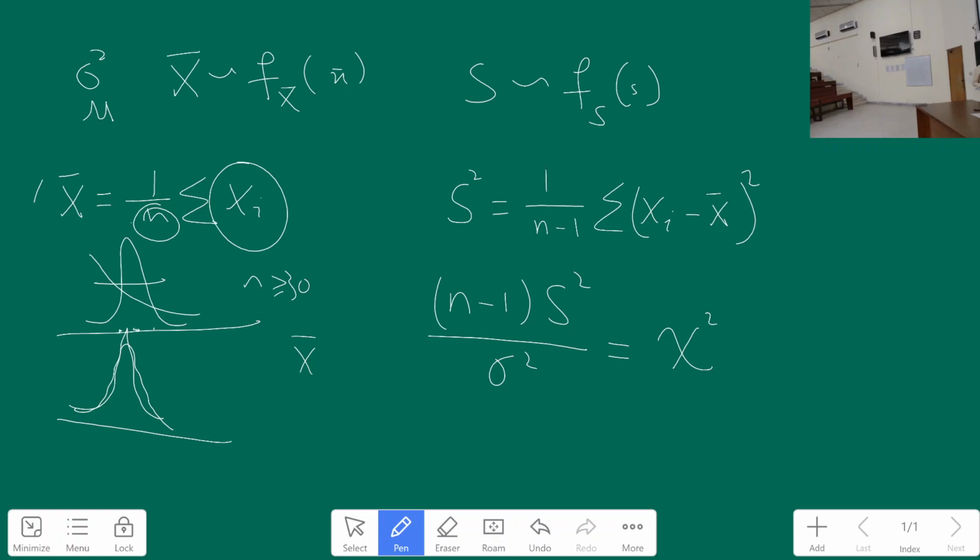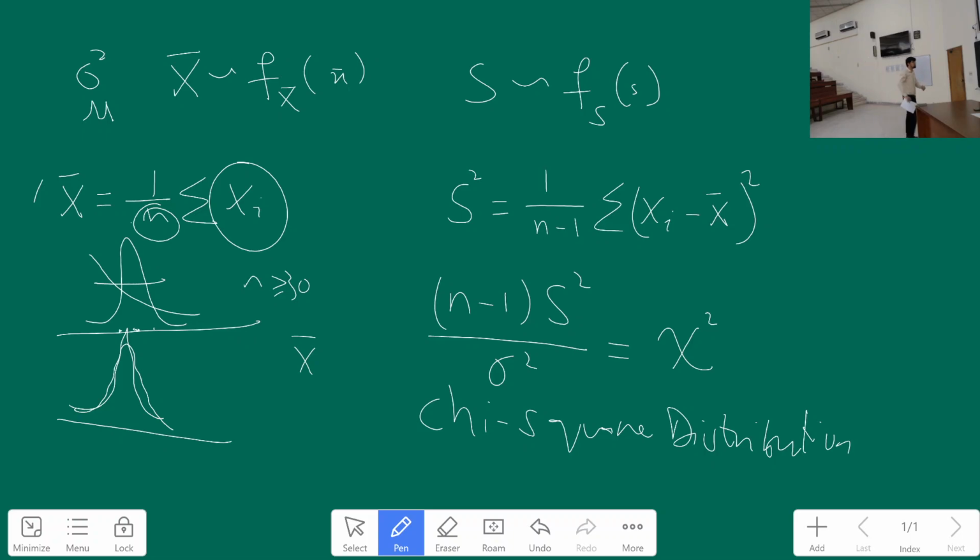It can be shown that this random variable has a distribution that we call the chi squared or chi square distribution. Now I haven't covered the chi square distribution in this course, right? But it's a continuous distribution. What did we cover? Continuous uniform, exponential, and Gaussian.